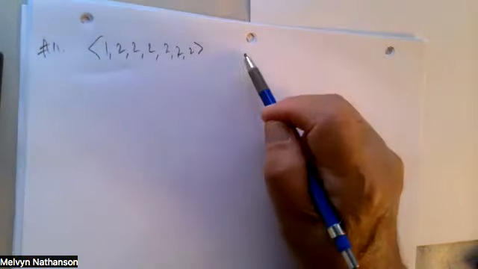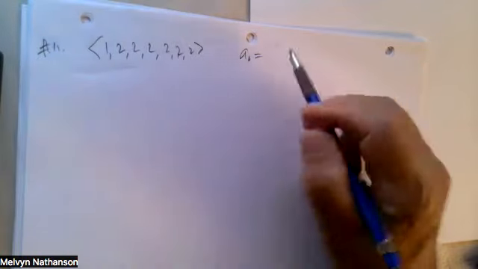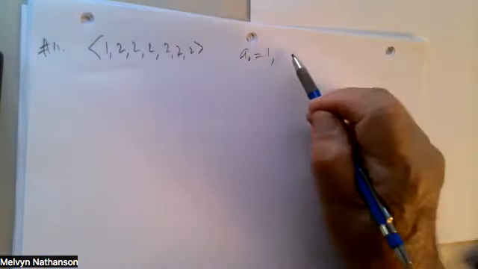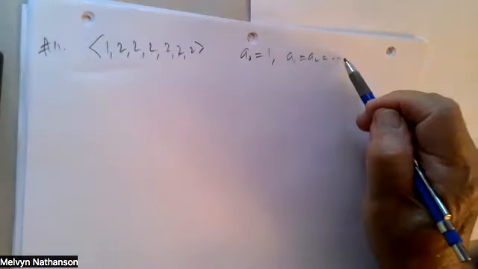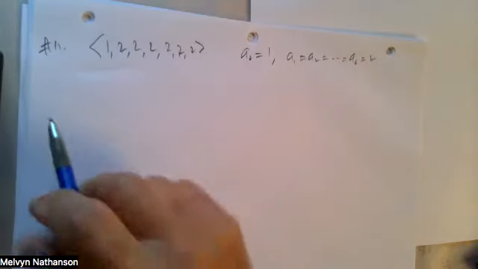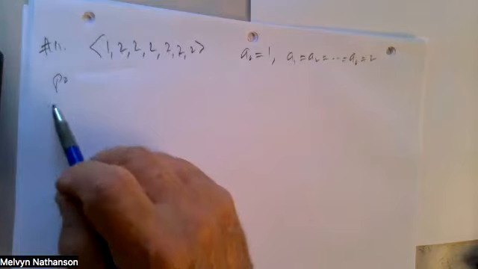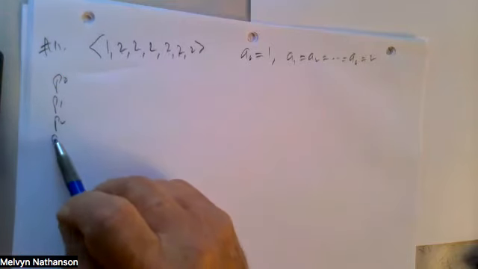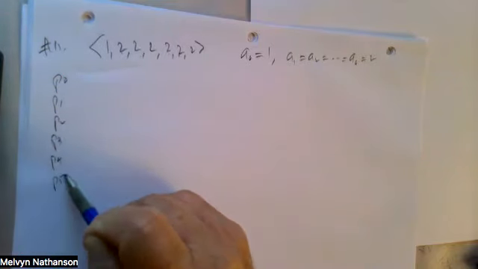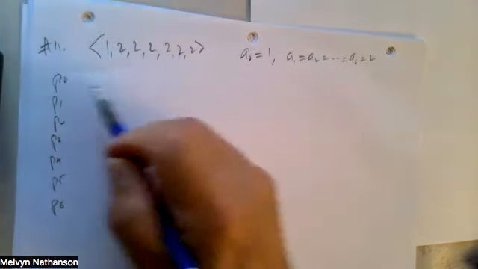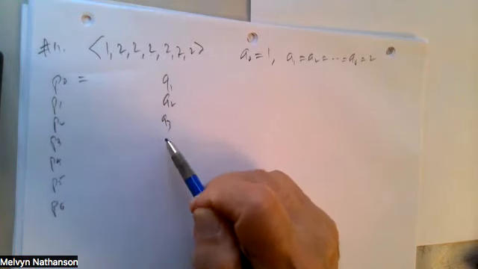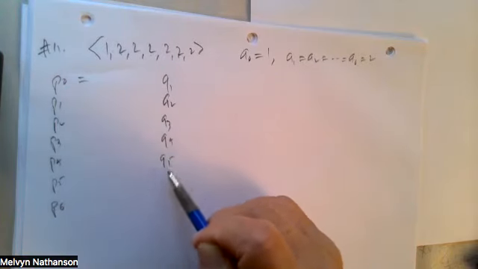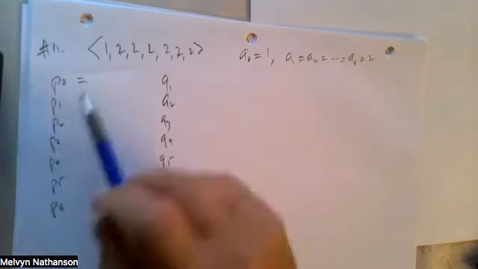In this case, A0, the first number, is 1, and all the other numbers, A1, A2, up to A6, they're all equal to 2. So if we compute the sequence of numbers, P0, P1, P2, P3, P4, P5, P6, and Q1, Q2, Q3, Q4, Q5, Q6, what are these numbers?